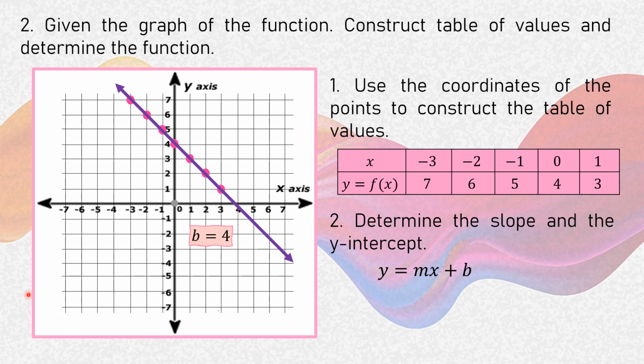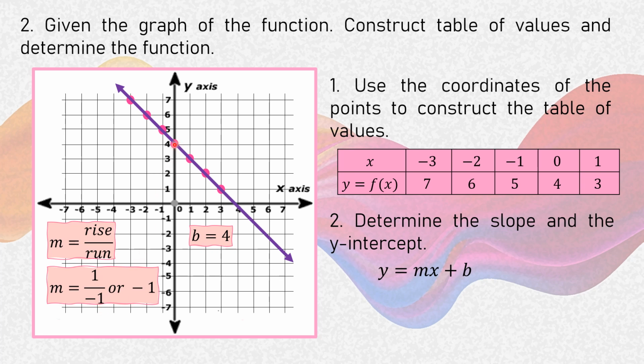And then, paano nga ba natin mahahanap yung slope or yung value ng m? So, m equals rise over run. So, simulan natin dito sa 4, and then pupunta tayo doon sa any point of the graph. So, let's have 1 over negative 1 or negative 1. So, saan nga ba natin nakuha yung 1 over negative 1?